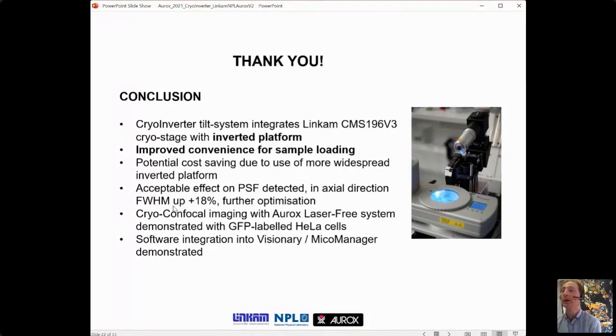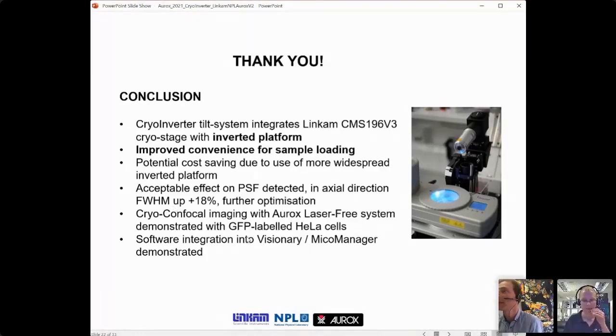And also there is now a Micro-Manager driver for integrating the Linkam cryo stage into the Micro-Manager world or ImageJ world. So if you want to go down that route, there's also now an easier path. And yeah, that is the summary so far. Thank you for listening, and I'm happy to take questions.